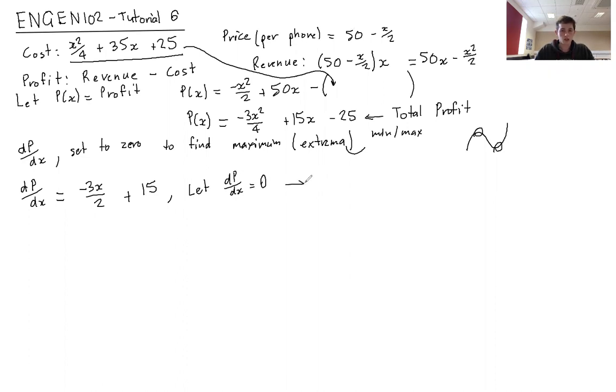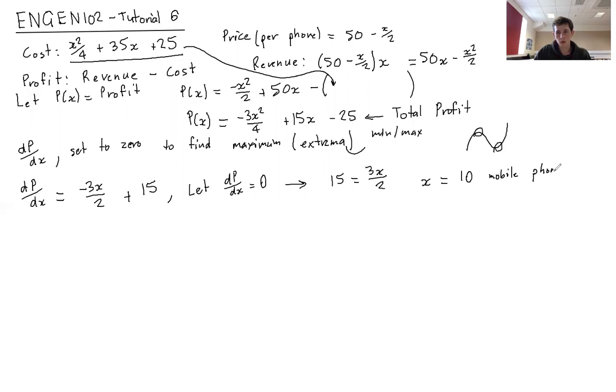If you rearrange it a little bit, we're going to get 15 is equal to 3x on 2. Solving for x gives us that x is 10 mobile phones per day.